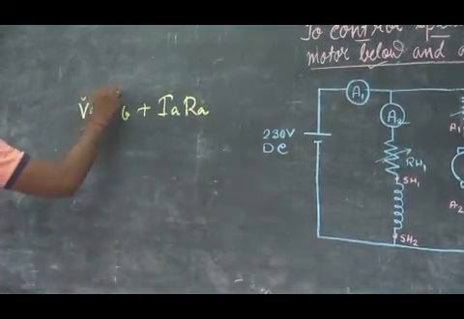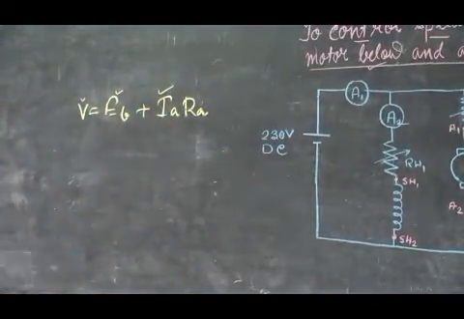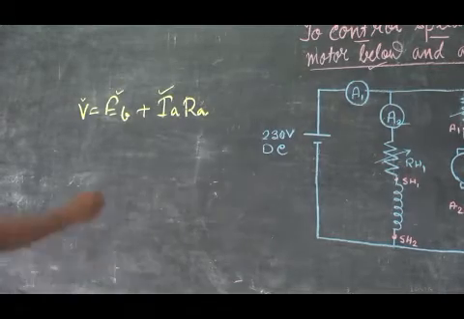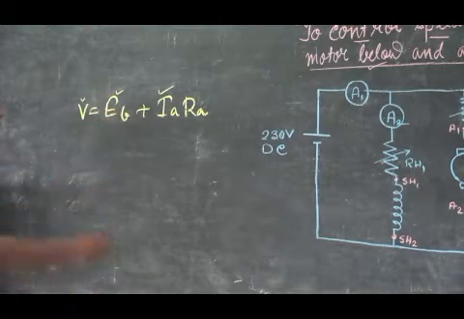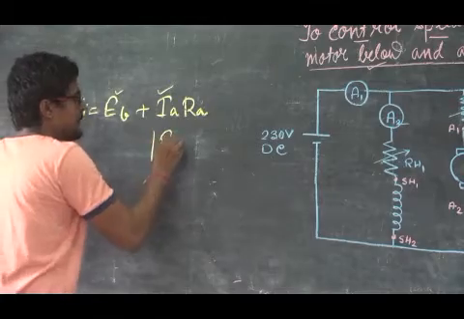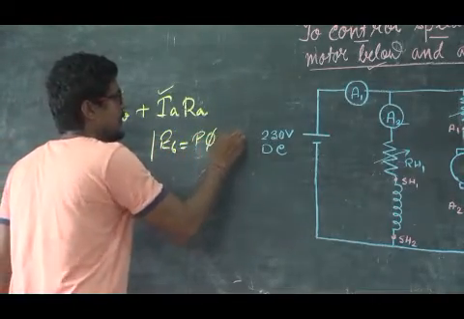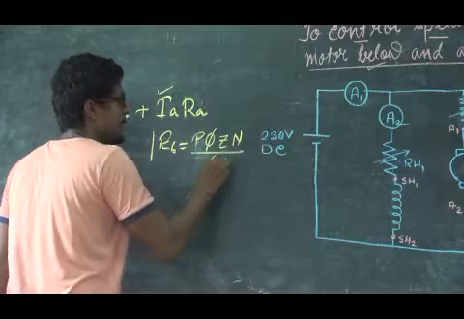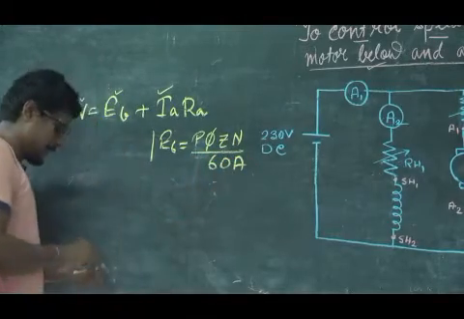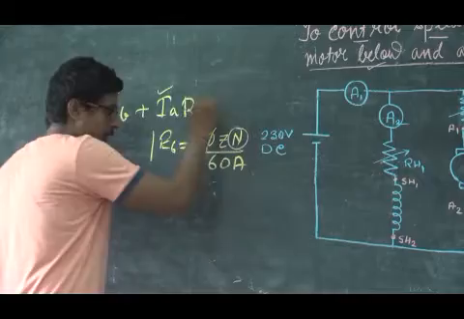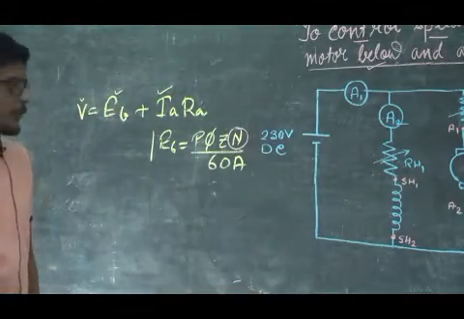From all these terms, the speed or N factor comes in the EB part, that is the back EMF, because EB is also given as P phi Z N by 60A. This N term is the speed or RPM of the motor.